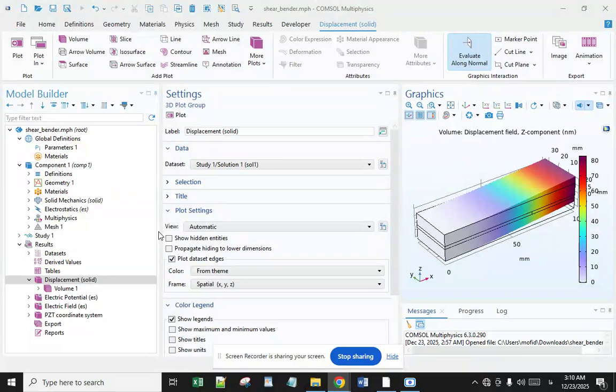As a second analysis, the actuator's position is varied. In each case, the shear actuated beam's tip displacement induced by applied electric forces is evaluated. Actuator's length is fixed at 10 millimeters and actuator's position is set to vary in the range between 10 and 19 millimeters.